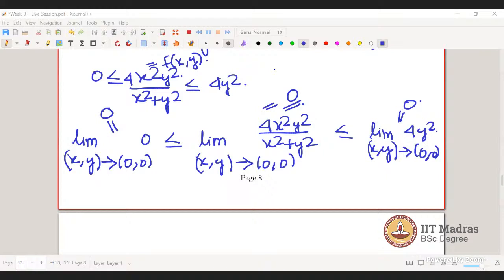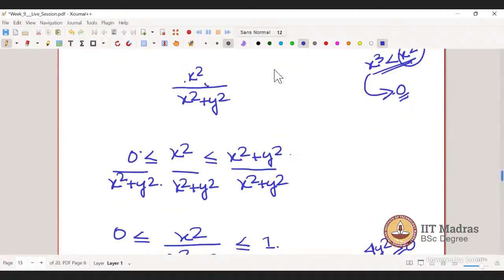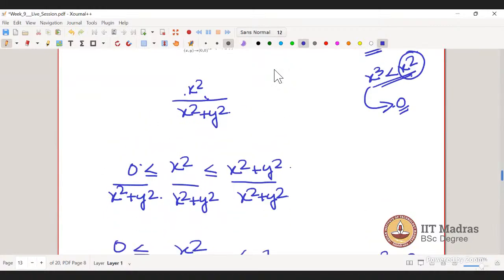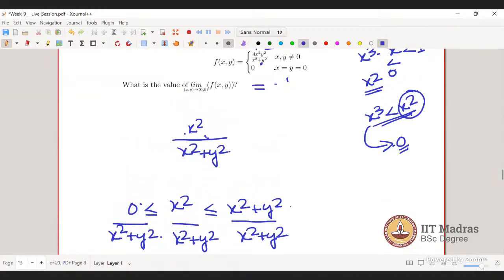As I said, there are a huge number of methods through which you can show whether the limit exists or not, but in this course this is the method through which you can show that the limit exists. So the limit of this function is basically 0.